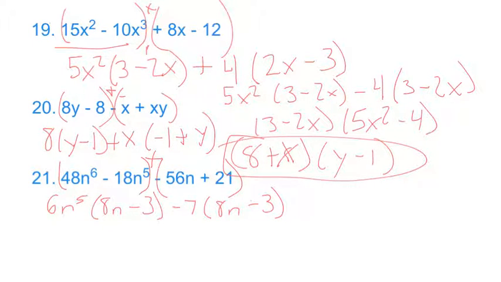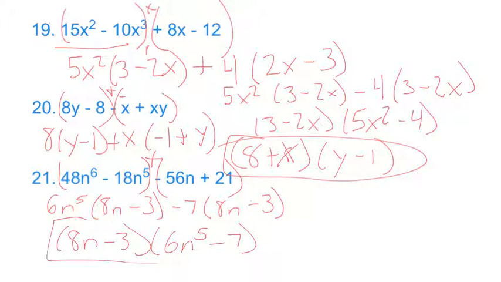Now that they're the same, I can complete the factoring by making this (8n minus 3)(6n to the 5th minus 7). And that is my final answer for factoring there.